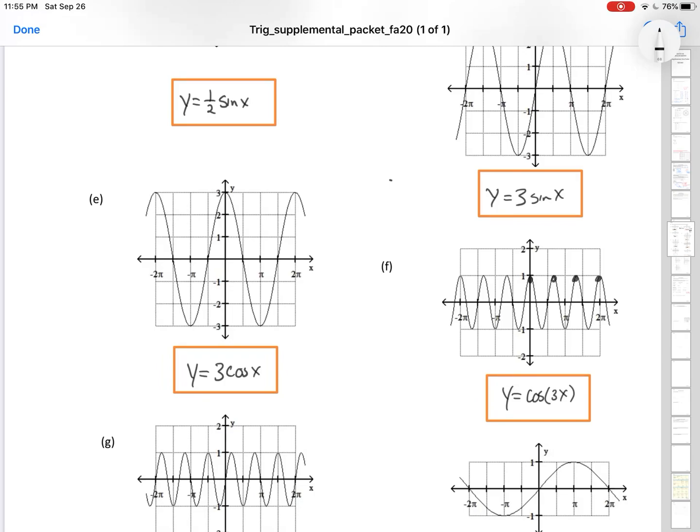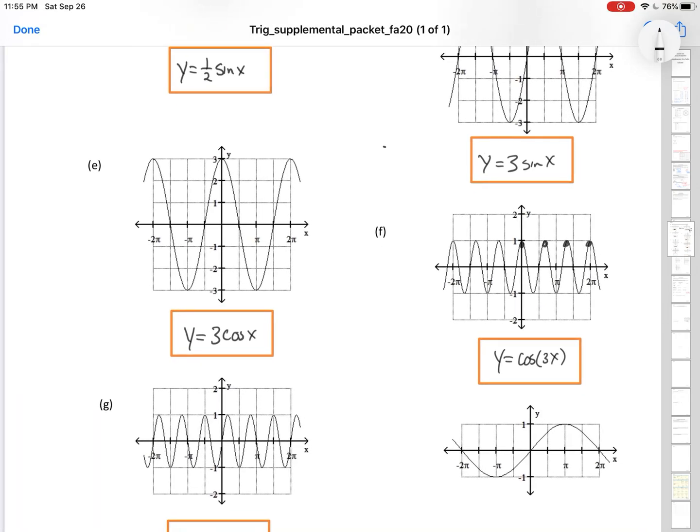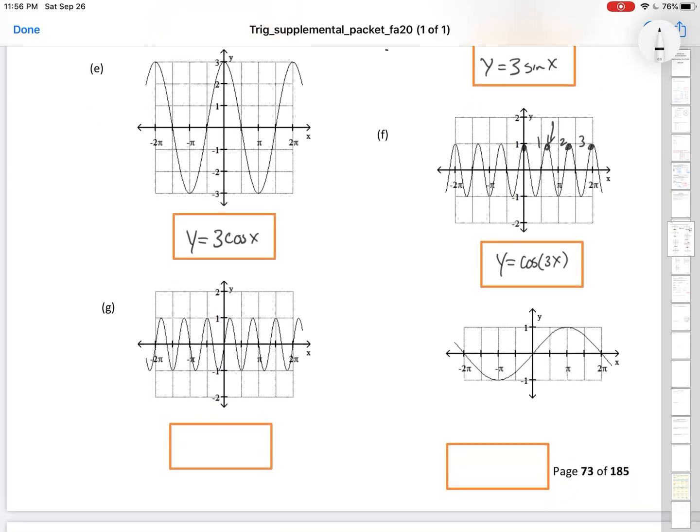Because it was 2 pi, but now I'm getting a third of that. And so 2 pi over 3 is the new period. It's hard to see that this ends right here at 2 pi over 3. So we just count the number of times. So we don't count the first one. This is 1 full period, 2 full periods, 3 full periods. That's your number underneath.